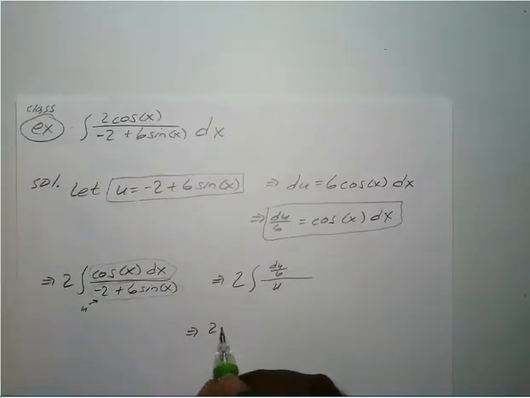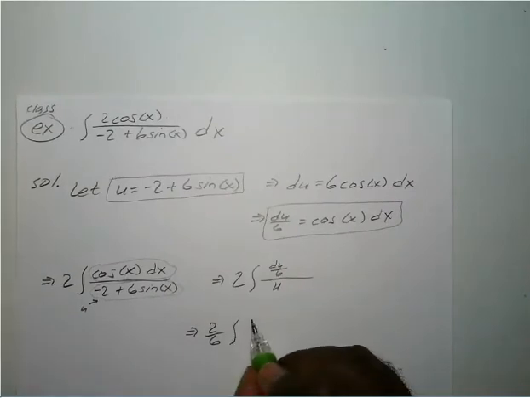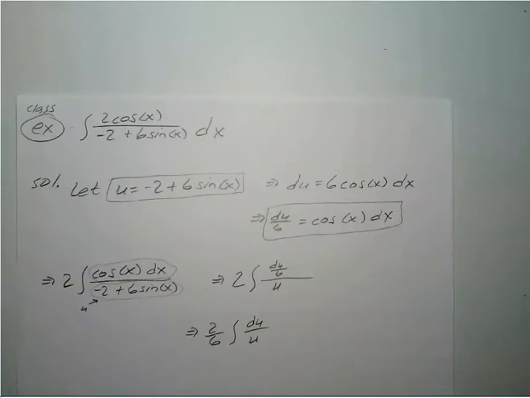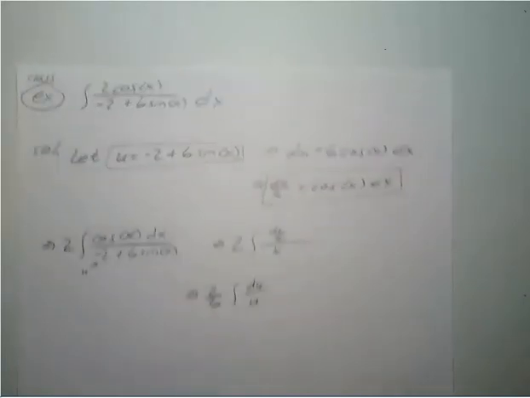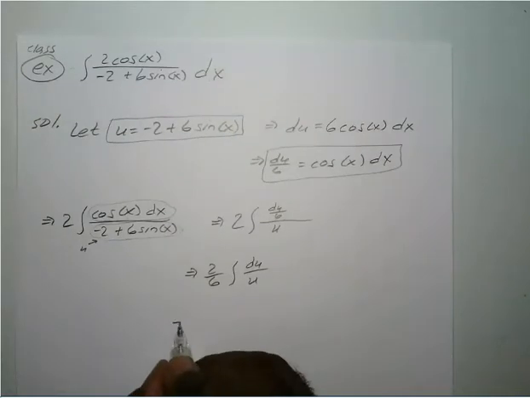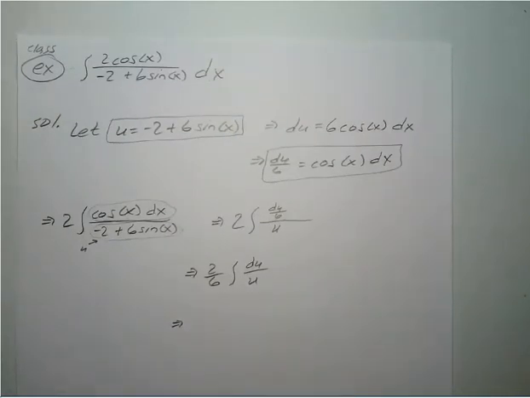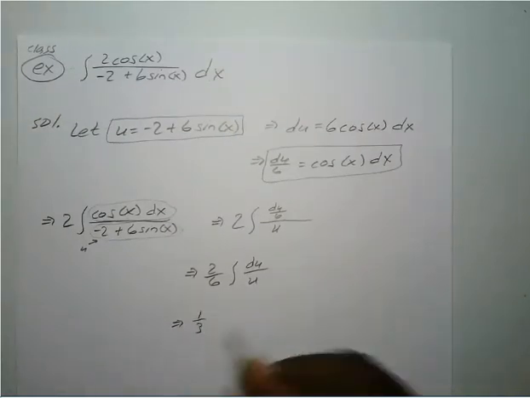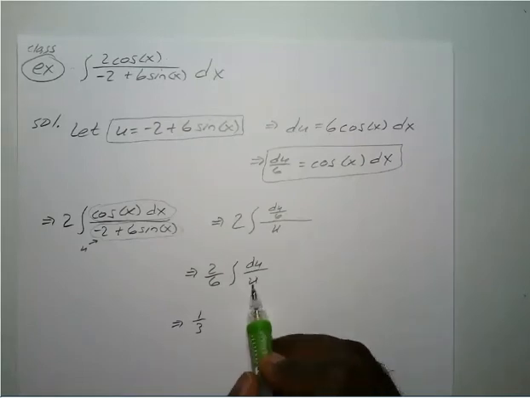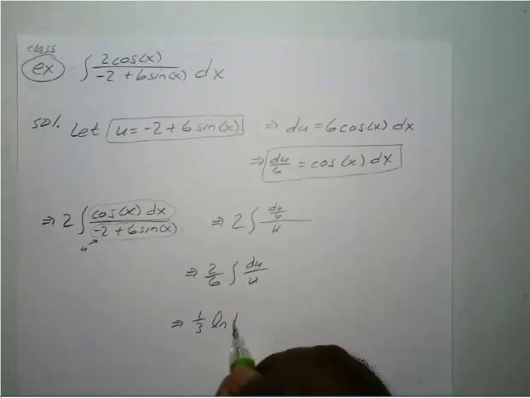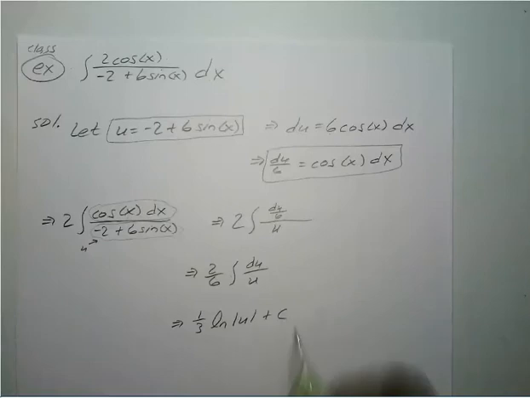So we have 2 times 1 over 6, which is 2 over 6, times the integral of du over u. Simplifying, 2 over 6 is just 1/3. The integral of du over u is the natural log of the absolute value of u plus c.